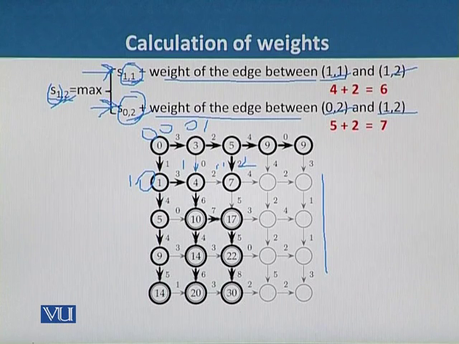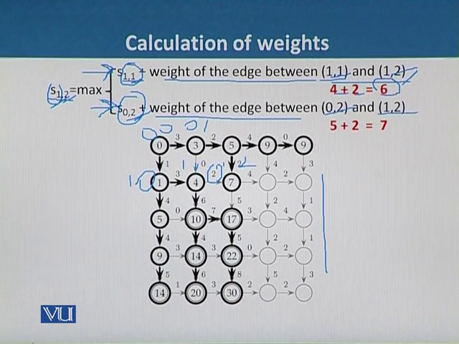So if we consider 1, 1 and 1, 2, we have to see the values. 1, 1 is 4 and the value of 1, 2 is 2. So if we add 4 plus 2, it will become 6. So the weight of the edge between 1, 1 and 1, 2 will be 6.